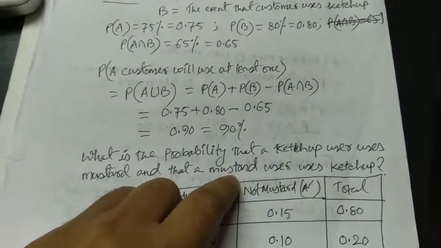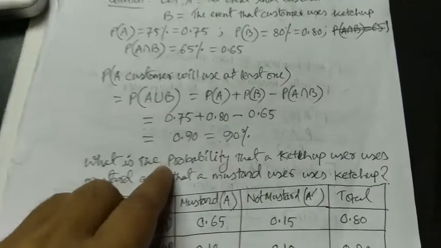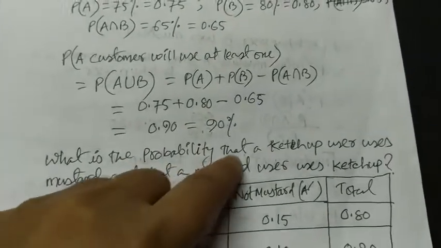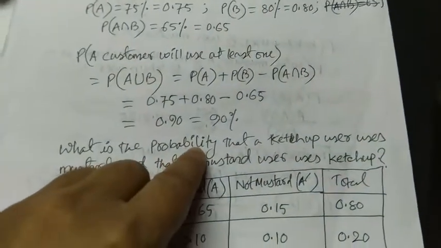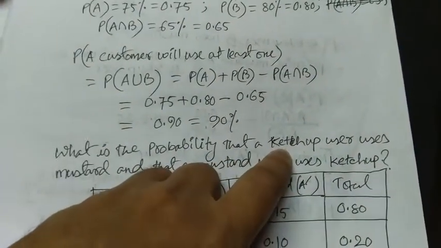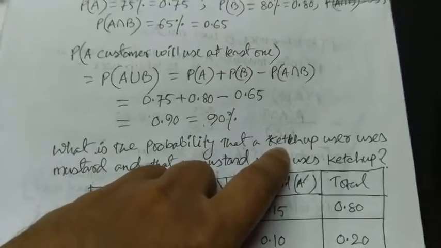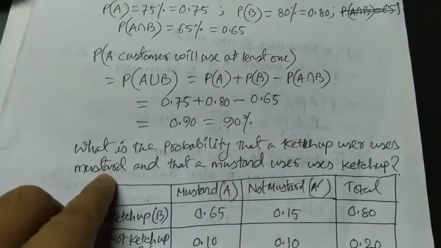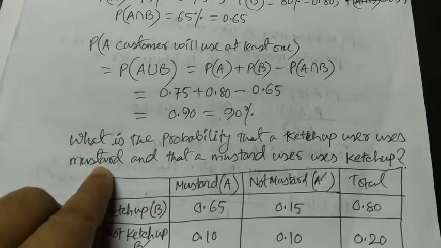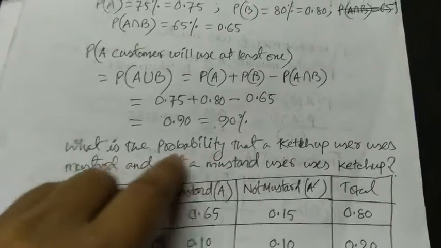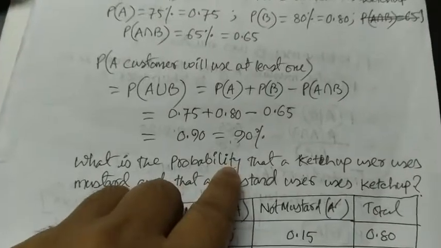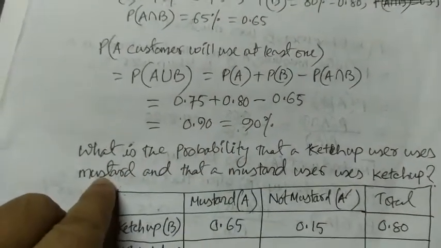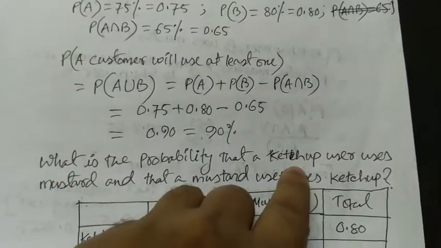So the question is asking, what is the probability that a ketchup user uses mustard? That means the user normally uses ketchup. What is the probability that the customer will use mustard now? You need to find the probability of using mustard given that the user uses ketchup.